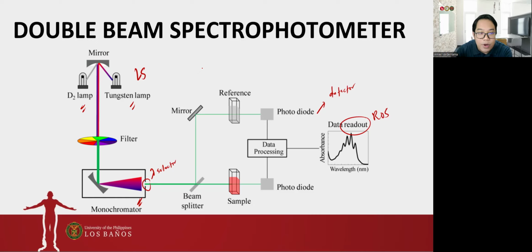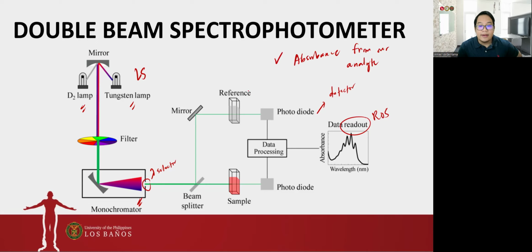Okay? Then, once ma-detect ng detector yung light, papasok siya sa ating readout system. So dito kasi, if you want to remove the effect of the matrix or the diluent of your sample, kasi ang gusto lang natin ay makuha yung absorbance from our analyte.